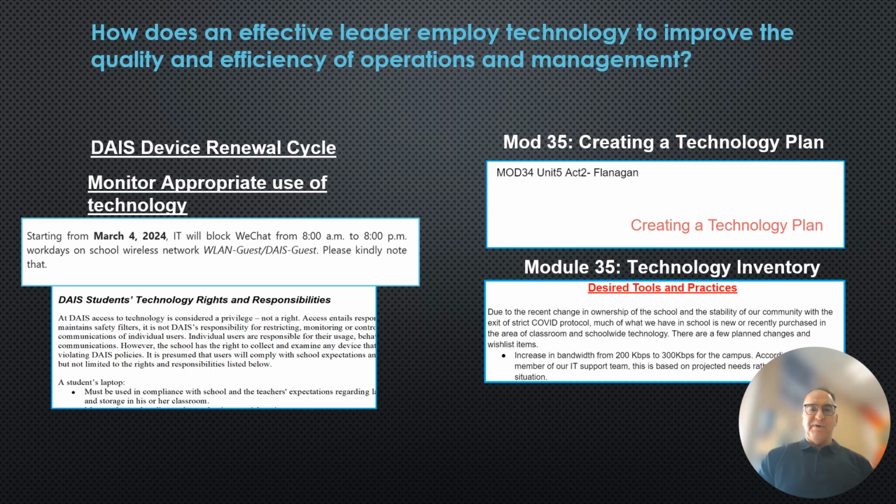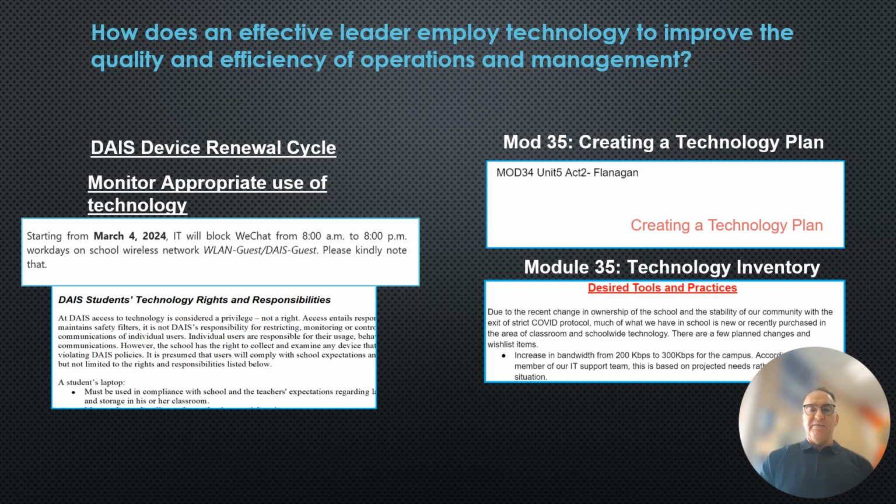One of the things that we do that I like is we have a device renewal cycle, which is not uncommon with most schools. We also monitor very closely the appropriate use of technology, not only among our students, but also our staff. In Module 35, we looked at a technology plan.